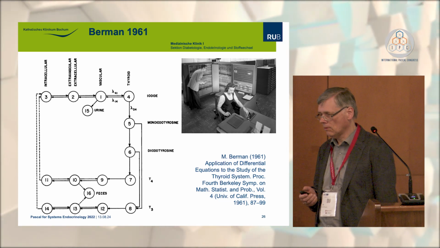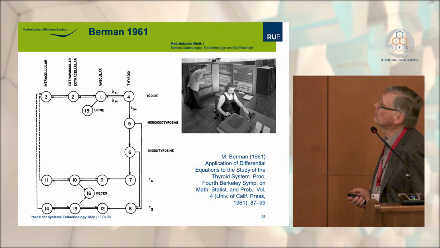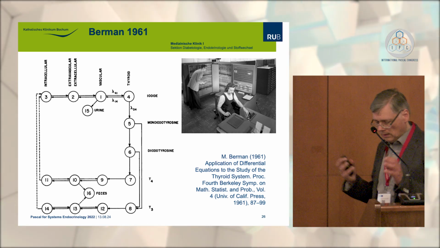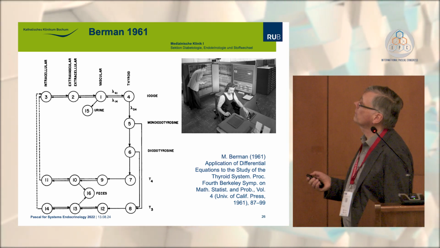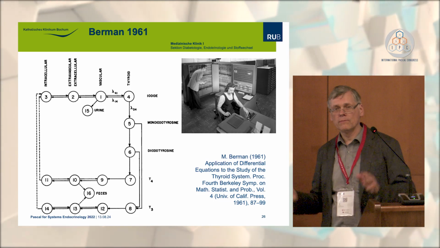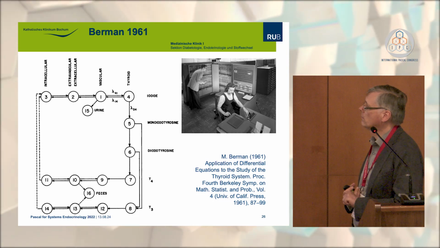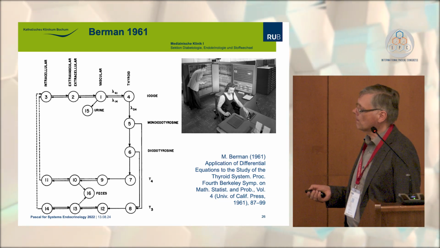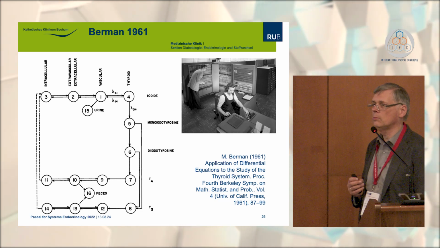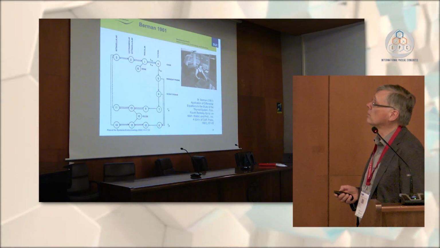And one of these models was the thyroid model by Berman in 1961. Monius Berman made extensive computer simulations with his IBM 704 computer, a very large system with vacuum tubes, and he programmed it in Fortran, and so he made some simulations which are still important today because we learned a lot about the kinetics of iodine and thyroid hormones by this research.